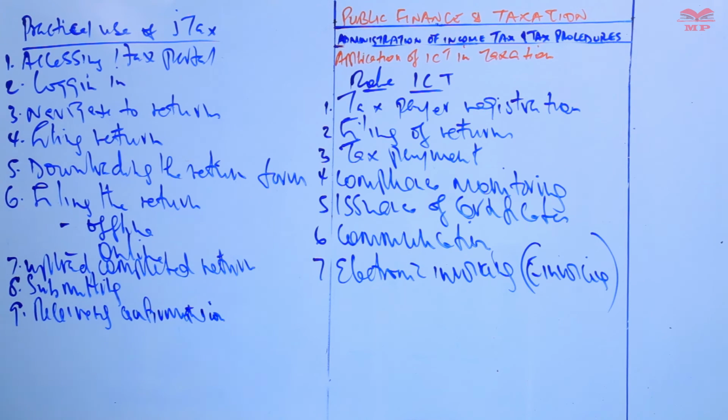Upon successful submission, an acknowledgement receipt will be generated by the iTax system, and this receipt serves as proof of timely filing. You may also receive an email confirmation. So these are the practical uses of iTax. I've demonstrated how that is done practically.